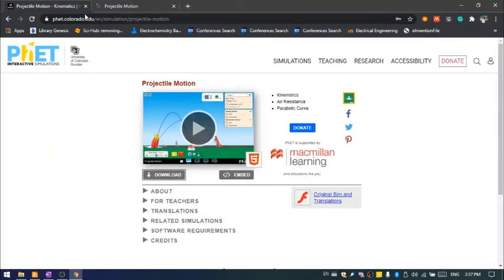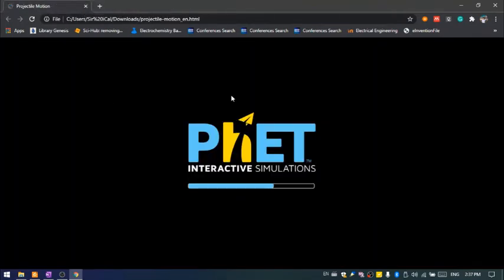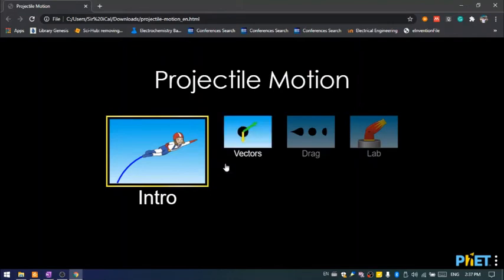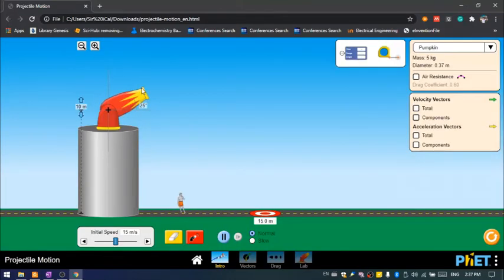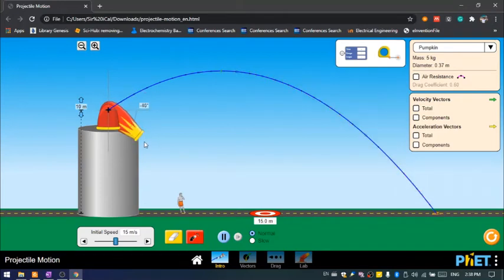Alright, so projectiles. So basically projectiles are shooting like this. So we fire. Fire. So initial speed.